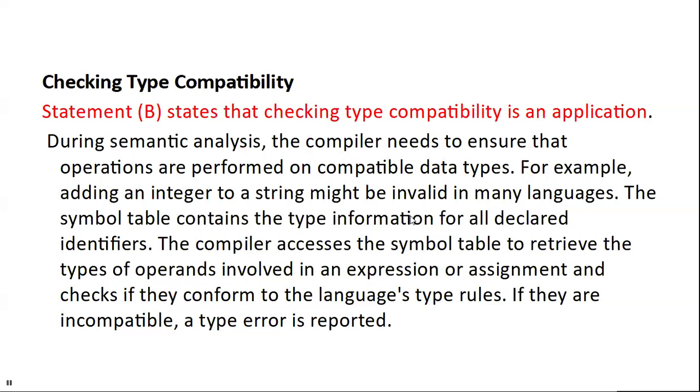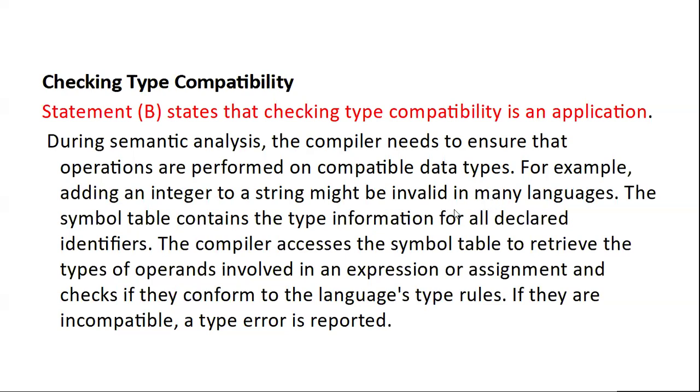Next, checking type compatibility. That is also another application of a symbol table, because during semantic analysis, the compiler needs to ensure that operations are performed on compatible data types. For example, adding an integer to a string might be invalid in many languages.